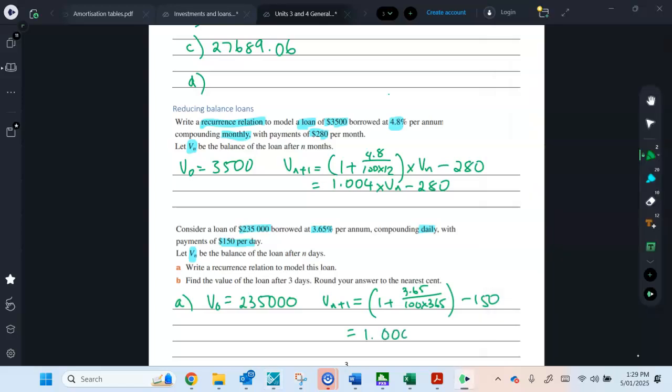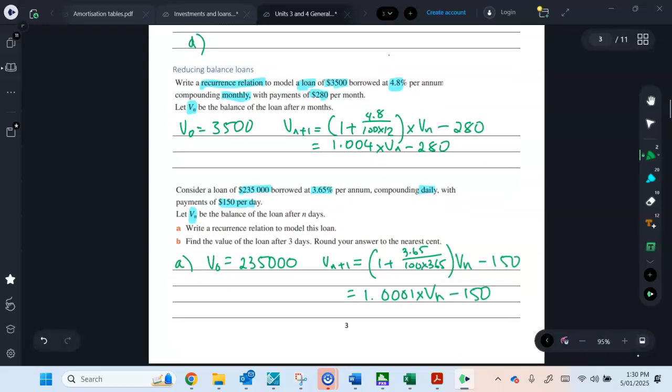Definitely got too many decimal places. All right, 150. Oops. Missed something very important. Vn minus 150. So don't forget you don't have to put the times in. I do just because I think it looks a bit like you know what you're doing.